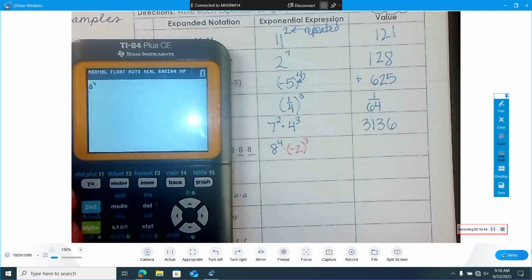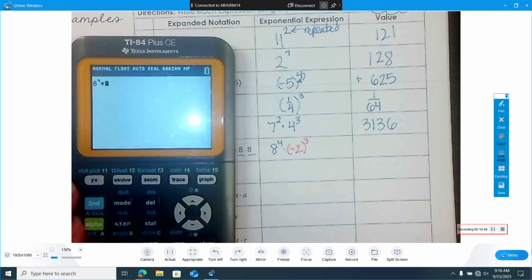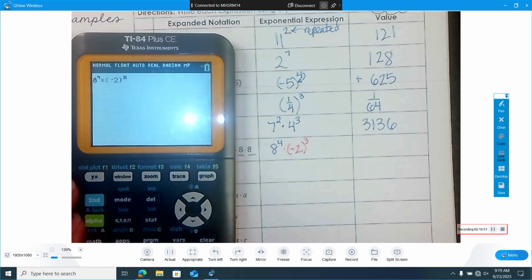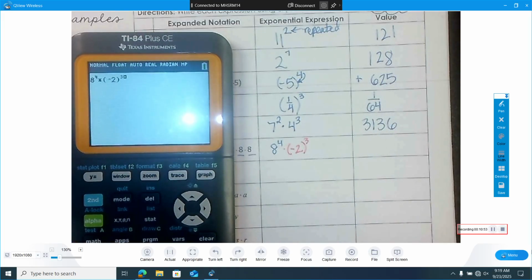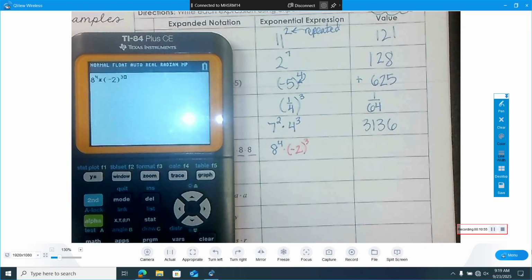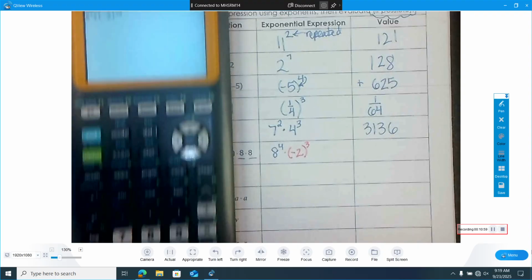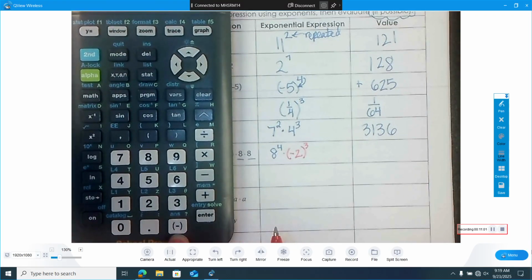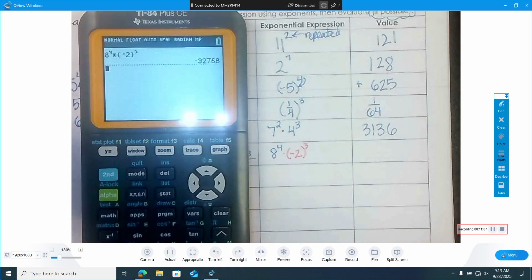So 8 caret 4, arrow out of the exponent there, and then times -2 to the third power. Oh, so you do have to be careful. The negative is down here, not subtraction.